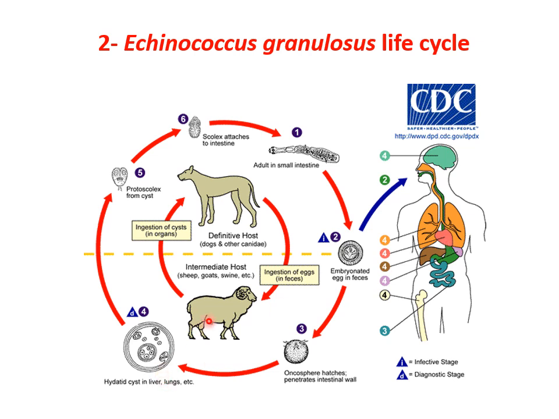If we ingest embryonated eggs in contaminated food or water, the same thing happens in our body as in sheep or goat: the oncosphere hatches in our intestine, leaves through the blood, and transforms into hydatid cysts in main vital organs, including the liver, the lung, and also the brain.